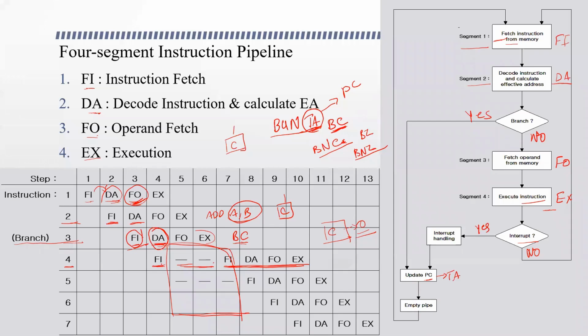The fetching phase of this is done already, so here the next operation would be decode. Already fetching is done, so decode the instruction, then fetch the operand and execute. This way, this branch instruction changes the normal operation of this pipeline unit.